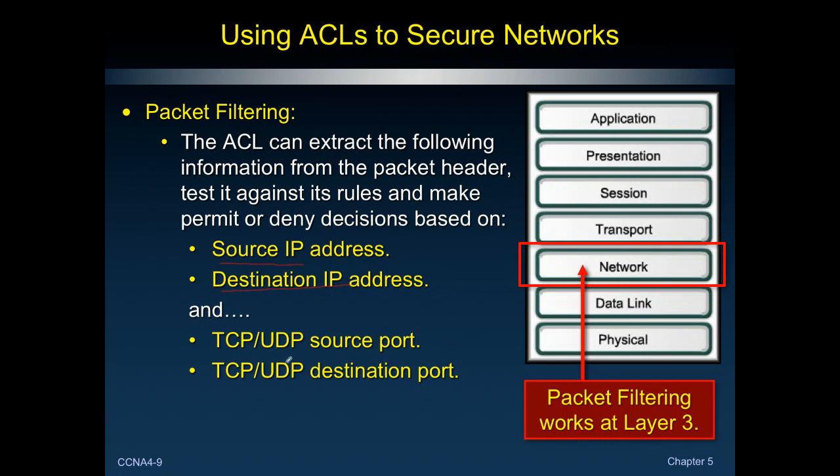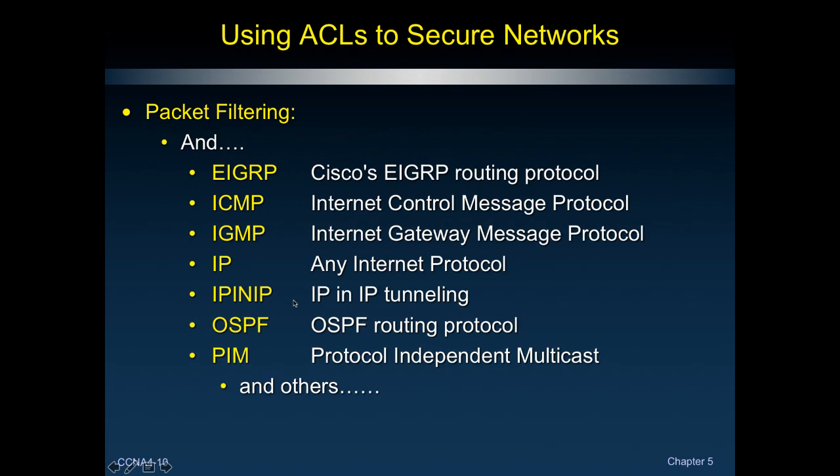Because you also have the information of the TCP and UDP source port and destination port on the packet, you can also make the permit and deny decision based on the port. But mainly it is on layer 3, so you need the source and destination IP address.